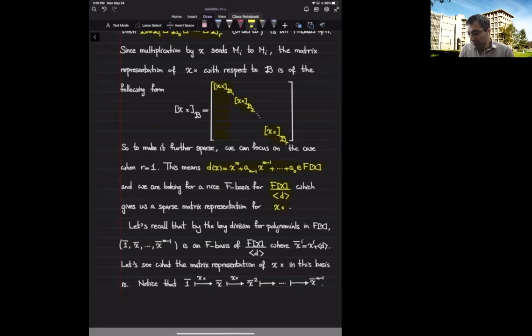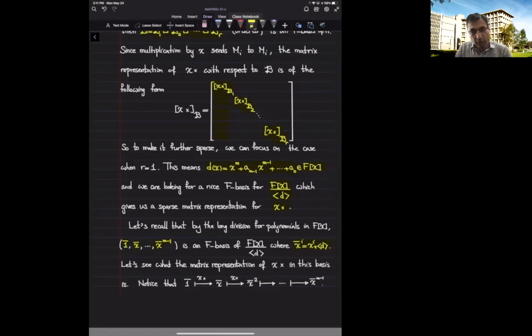So every coset representative can be replaced by the remainder of that representative divided by d, which means every element here can be represented in a unique way as a linear combination of 1 bar, x bar, up to x bar to the power m minus 1, and these bars mean that I'm looking at the coset that they represent.